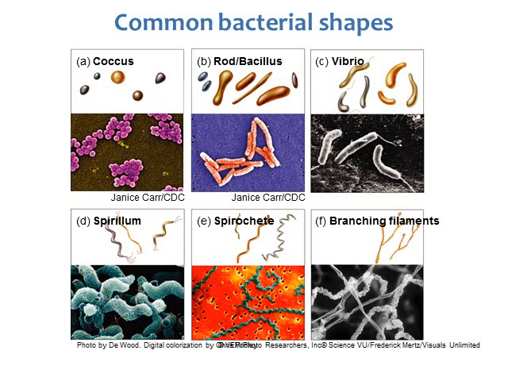We're going to have rod or bacillus bacteria, which look like rectangles. The Vibrio bacteria are basically rod-shaped or bacillus-shaped, but they have a very slight curve to them. And you can see that in the picture.